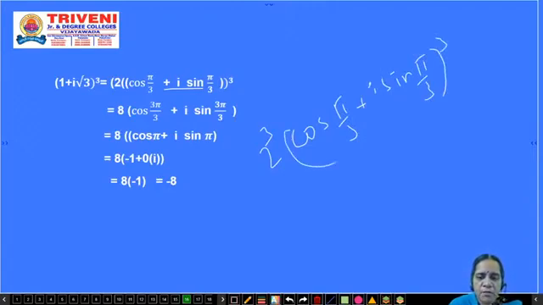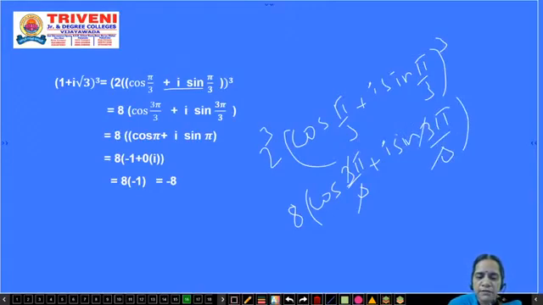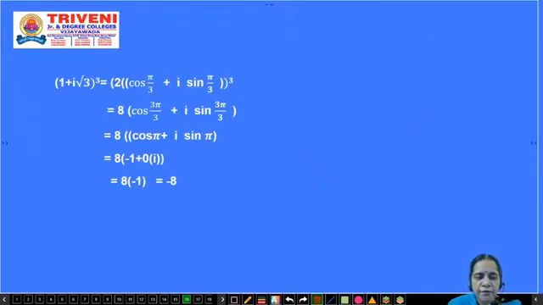This is in the form of cos n theta plus i sin n theta. 2 cube is 8. Cos pi by 3 becomes the multiple of pi by 3: 3 pi by 3 plus i sin 3 pi by 3. 3 will get cancelled here, and here also 3 will get cancelled. 8 into cos pi plus i sin pi.